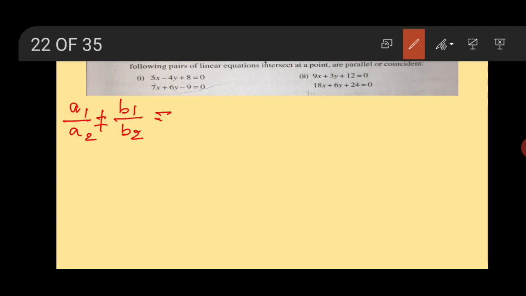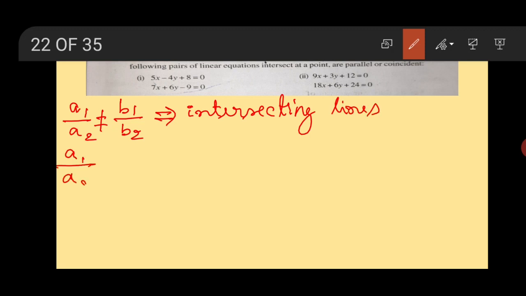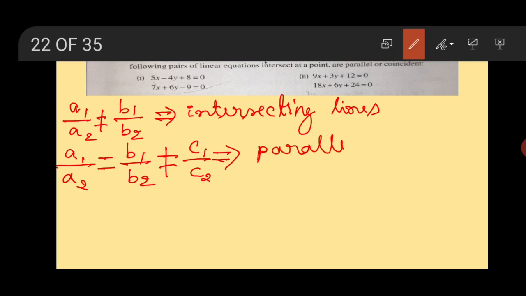If A1 by A2 is not equal to B1 by B2, then the equations represent intersecting lines. If A1 divided by A2 is equal to B1 divided by B2 not equal to C1 divided by C2, then the two lines are parallel.